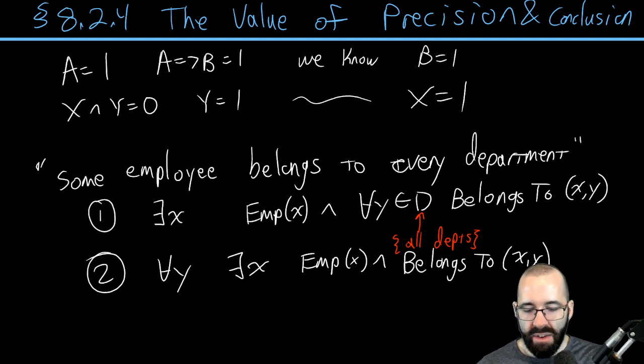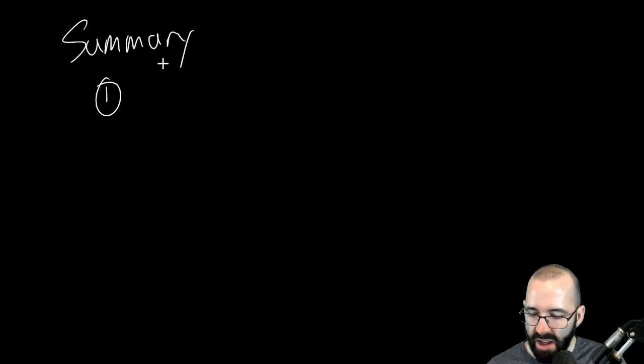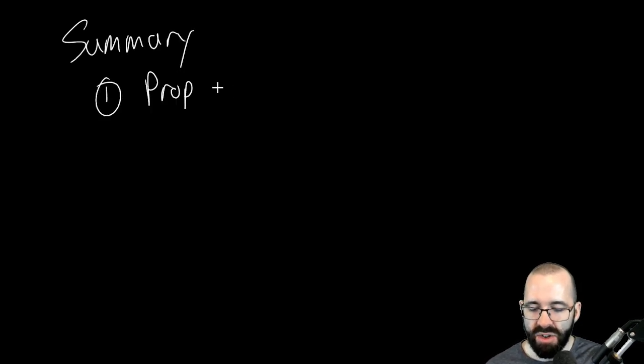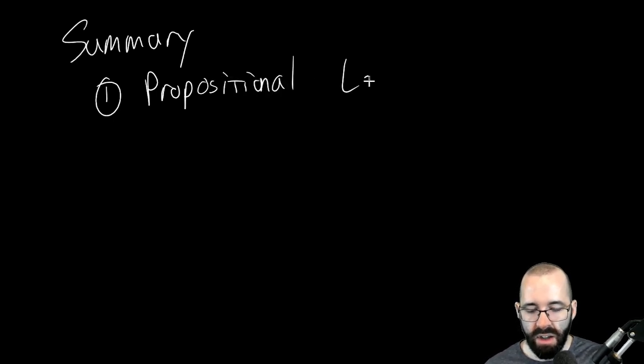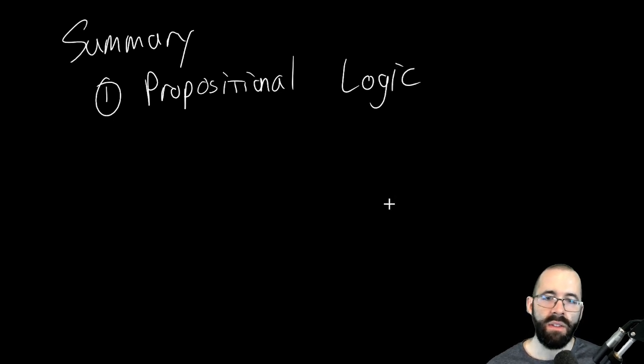So to summarize everything we talked about in this chapter, we talked about a few main things. The first thing was propositional logic. We looked at propositions, and they were known as atomic because the propositions themselves could not be decomposed into smaller propositions.